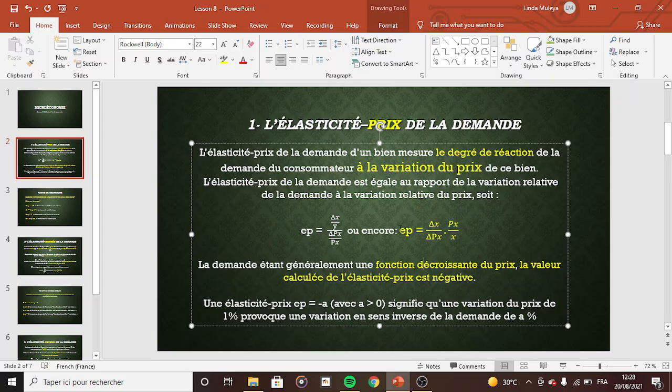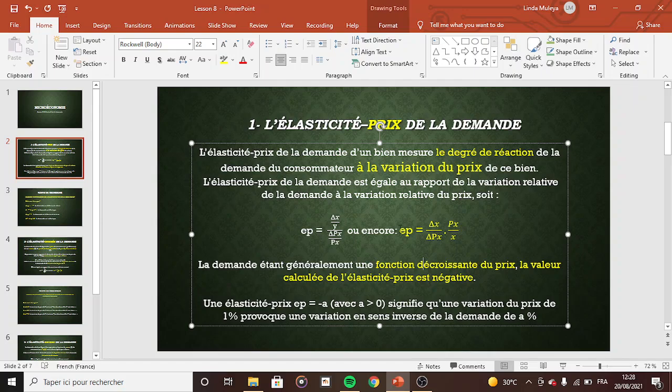And the last point says une élasticité prix EP is equal to negative a, where a is greater than 0, signifie qu'une variation du prix de 1% provoque une variation en sens inverse de la demande de A%.